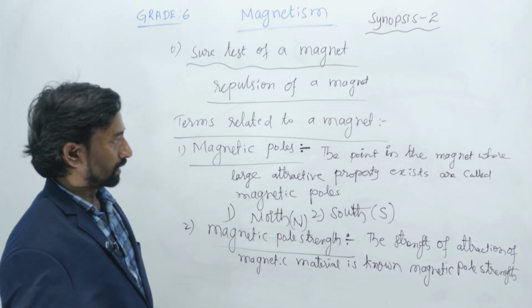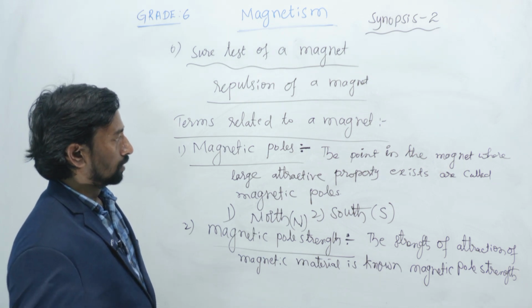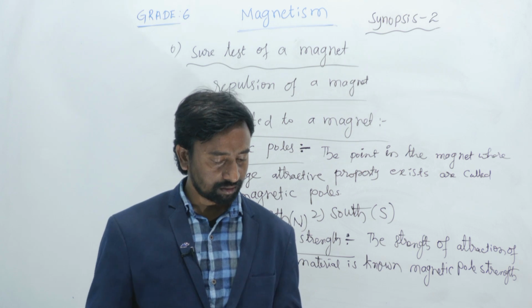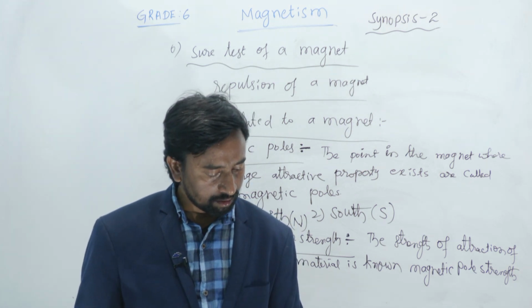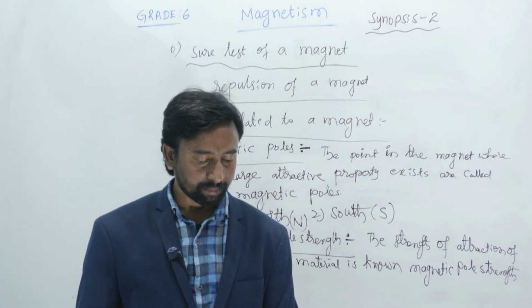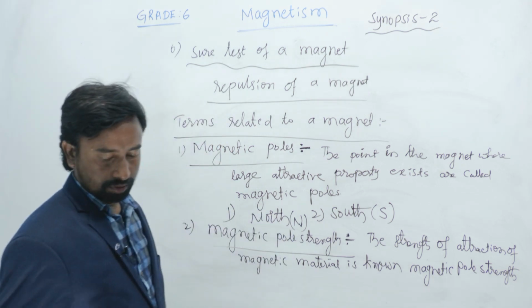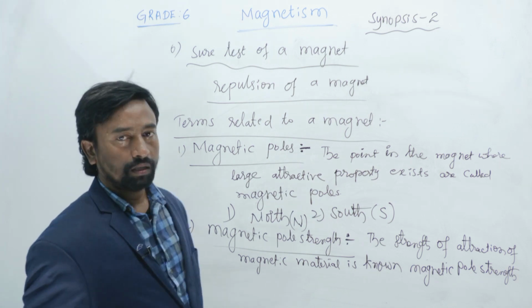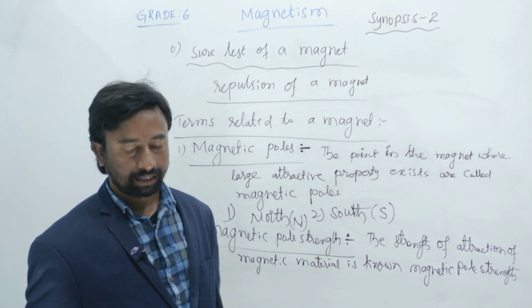For the bar magnet, there are two axes present. One is the magnetic axis and the other one is the magnetic equator. We'll see the first one, magnetic axis, and next the magnetic equator.